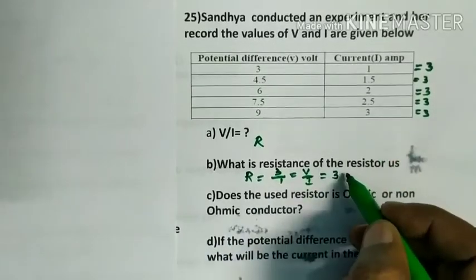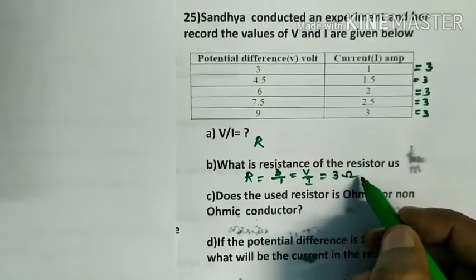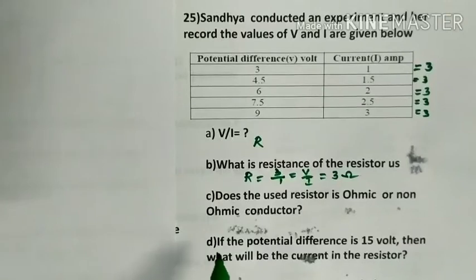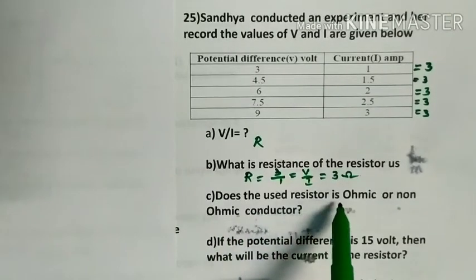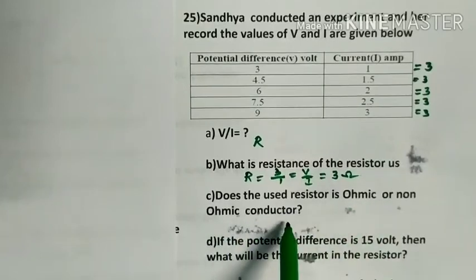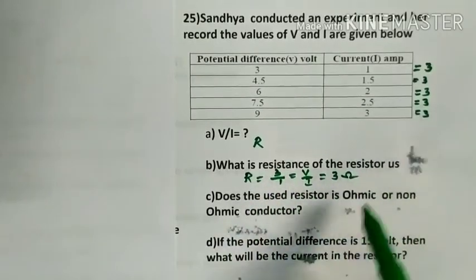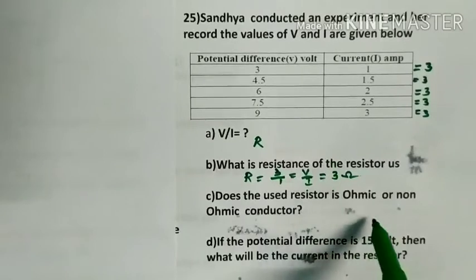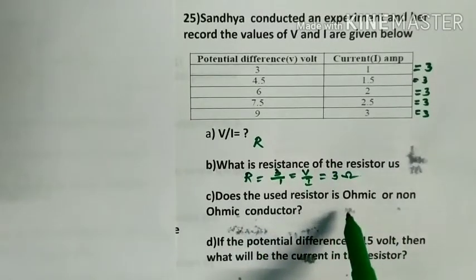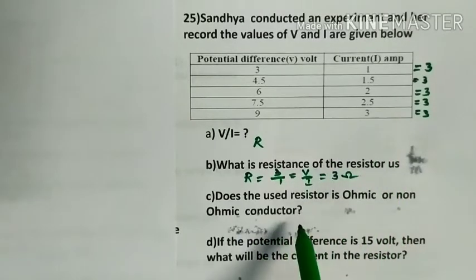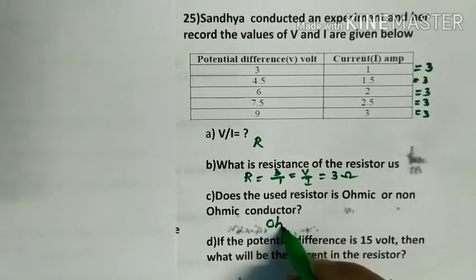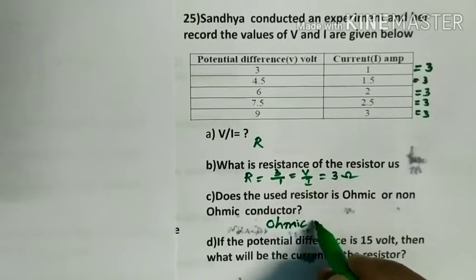So the resistance is 3 ohms. Next question. Is the resistor an ohmic or non-ohmic conductor? This is satisfying Ohm's law. Here the material used is metal, so it is an ohmic conductor.